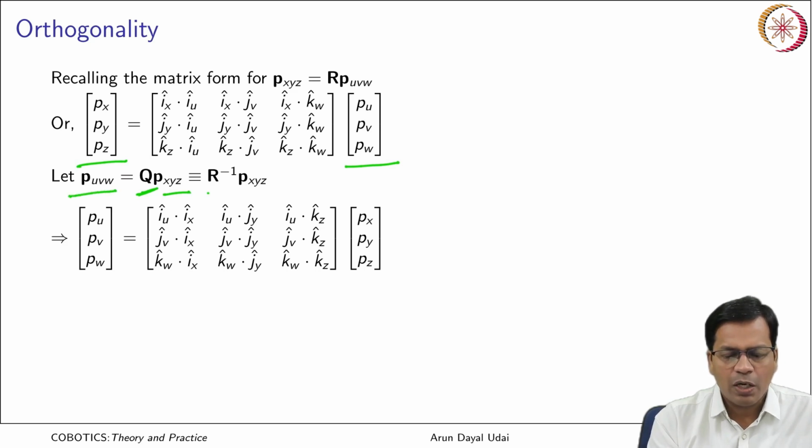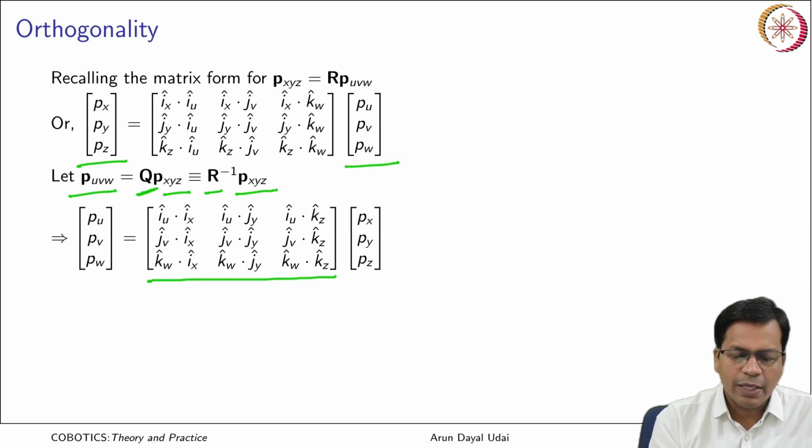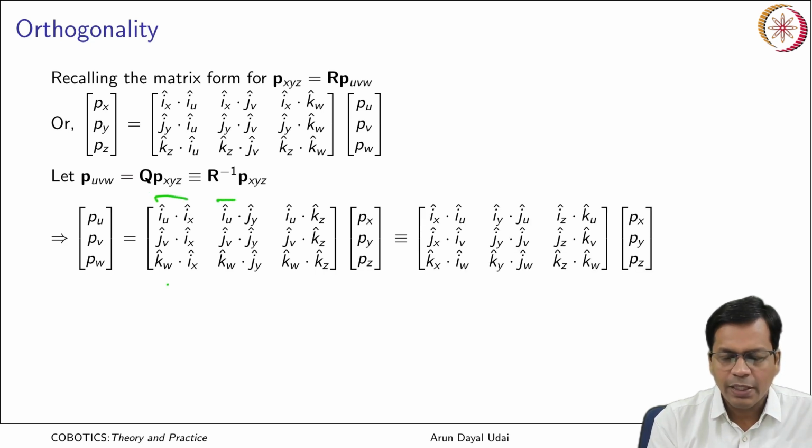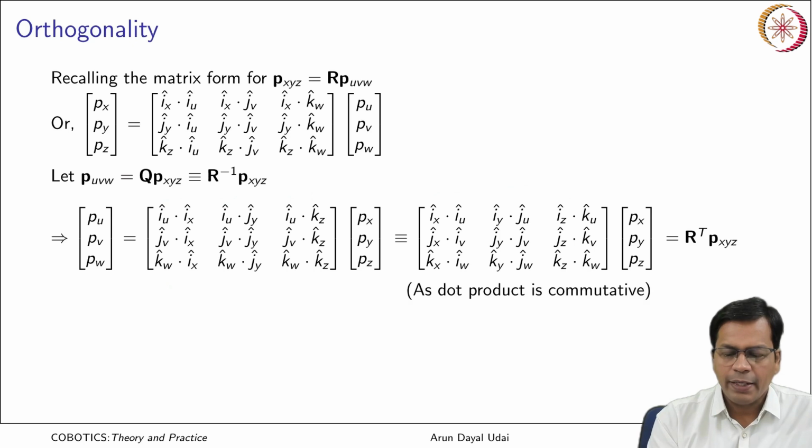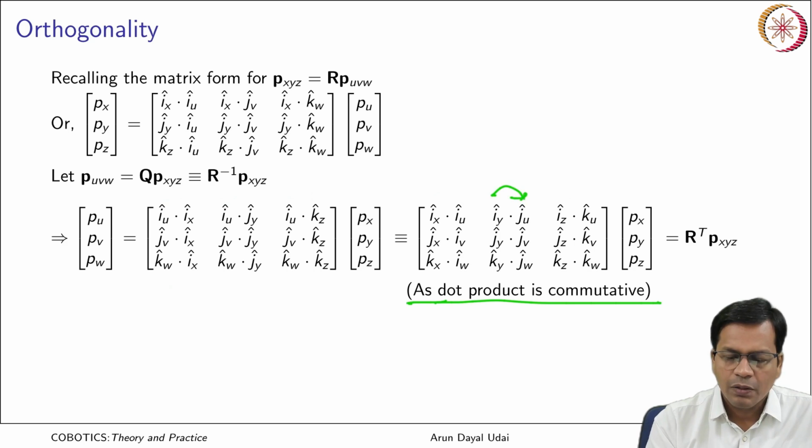Essentially this should be equal to R inverse of this. When I take inverse, I got to this. So if you take this, calculate this, you should be getting this. I just rearrange this, I got this, and as dot product is commutative, you can rearrange. Okay, you can flip the values which are here.